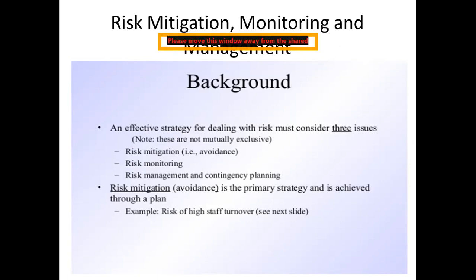At each and every point, we will monitor each stage of our project or software product. The third one is risk management and contingency planning. If the effect is severe, then we are going to manage and plan. The third one is more powerful, and that is called risk management and contingency planning.